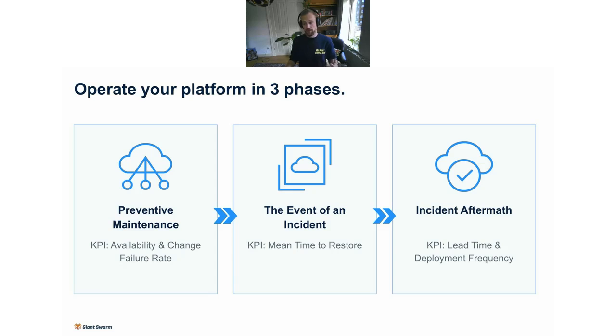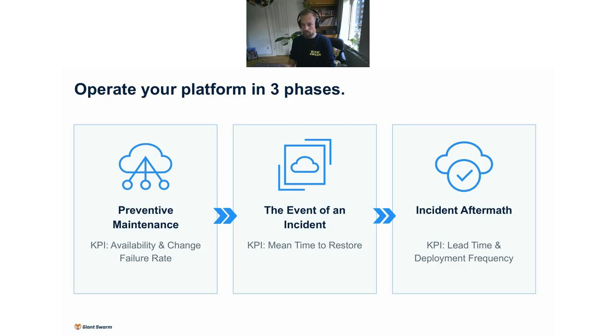And then we have the incident aftermath, which is actually important: how good are we at learning from such incidents, and how can we embed this learning into our platform again through automation, observability, alerting, and so on.